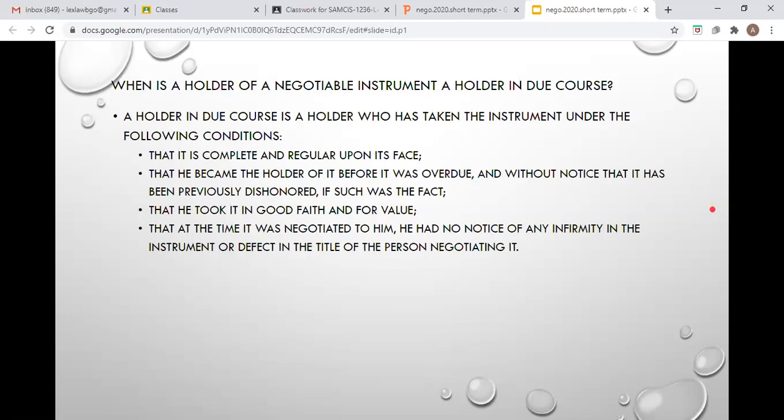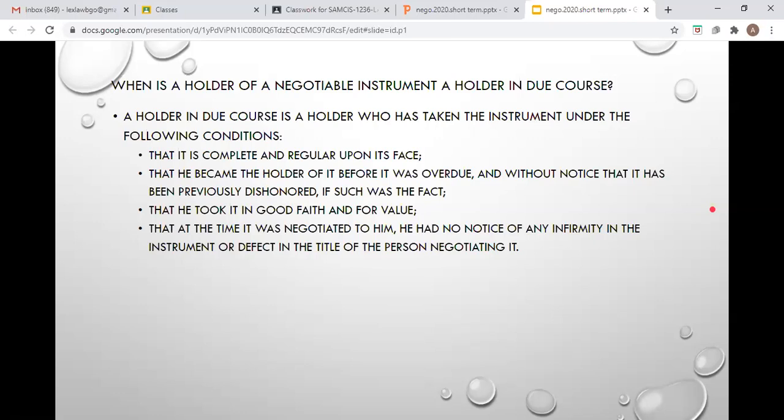Yeah? So if you did not do that, then even if the instrument is materially complete, that instrument is not regular on its face, in which case you are still considered a holder not in due course.